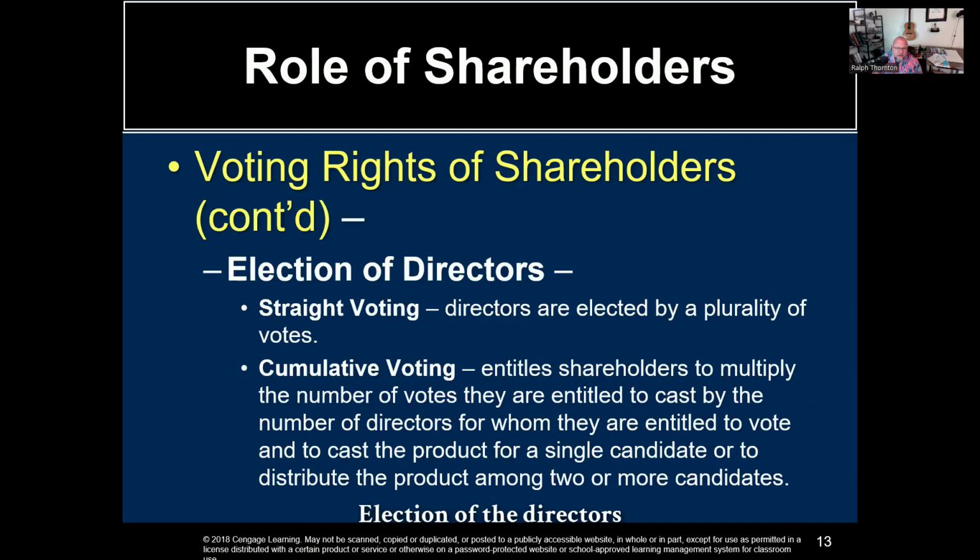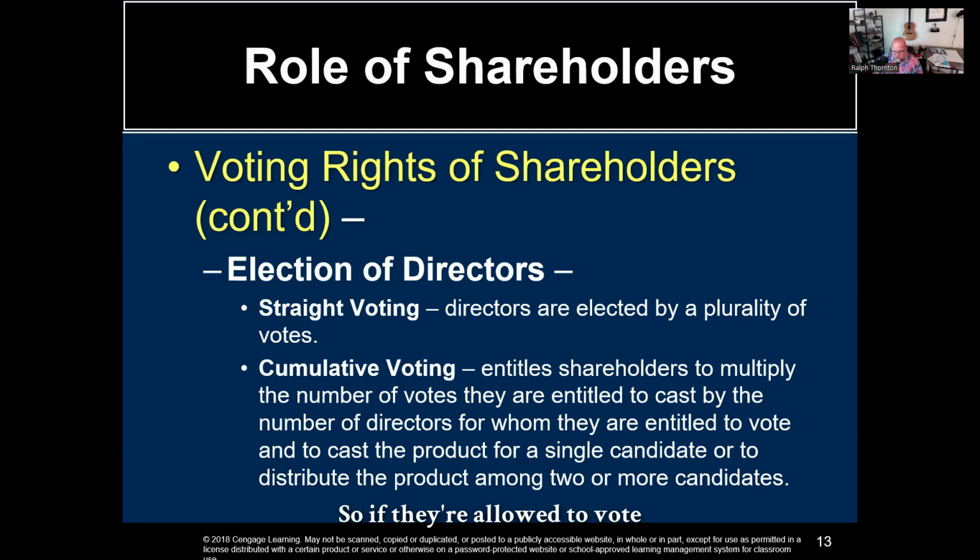When they do the election of directors, they're elected by a plurality of votes, in straight voting, based on how the votes come in. Cumulative voting entitles shareholders to multiply the number of votes they are entitled to cast by the number of directors for whom they are entitled to vote, and then to cast the product for a single candidate or distribute the product among two or more candidates.